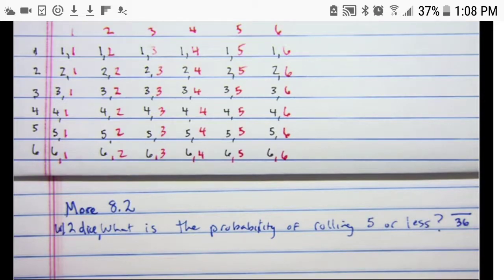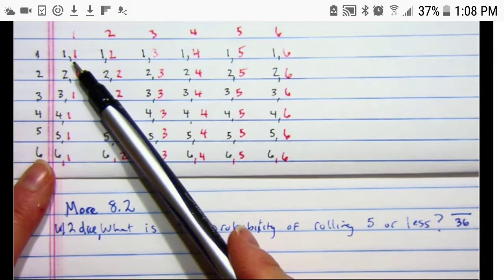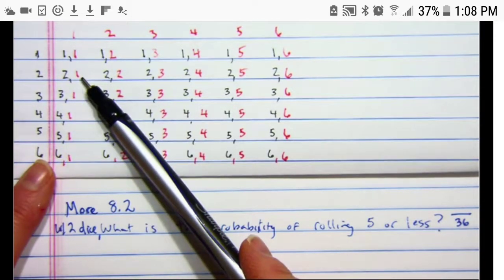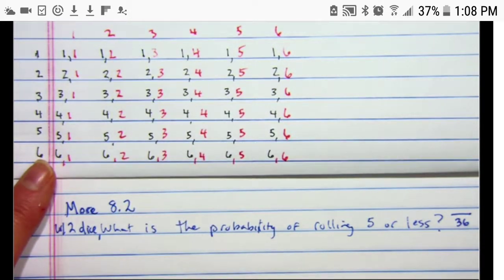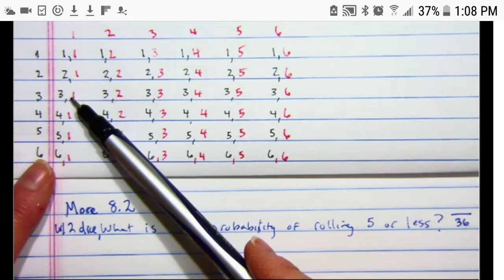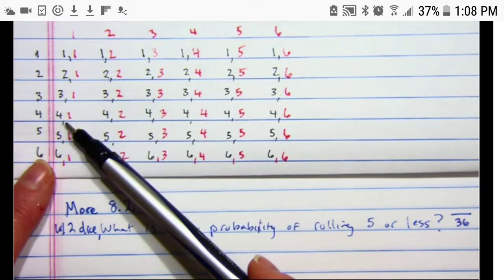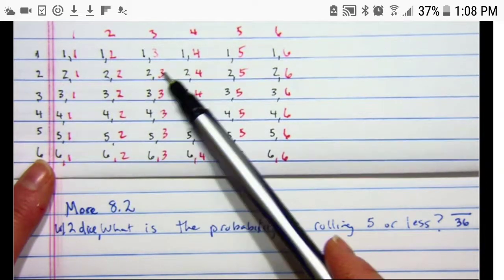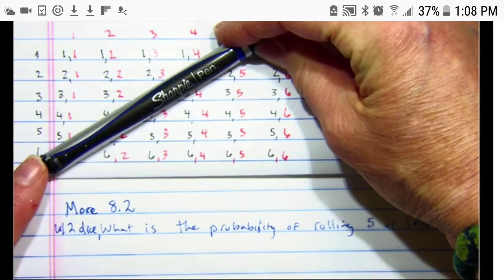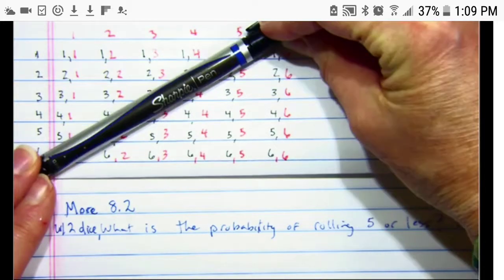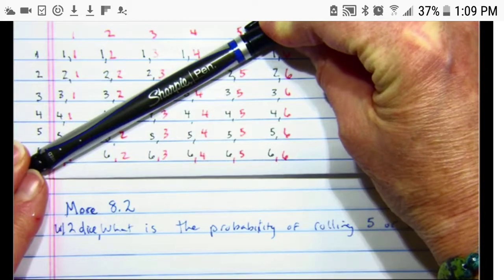So out of the 36 possible outcomes that we put in the bottom of the fraction, we pick out either 1, 1, or 2, 1, or we could have 1, 2. There's some more options: 3, 1, 2, 2, 1, 3, 4, 1, 3, 2, 2, 3, or 1, 4. All those options, in fact, that are above this line. Looks like 10 if you count up all the different options that there are.